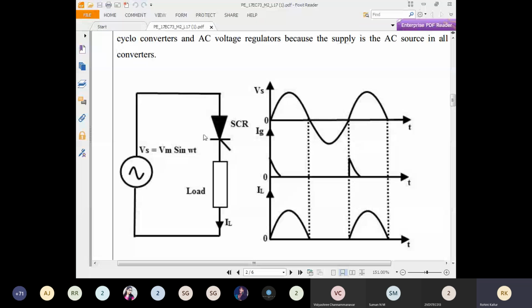As soon as it gets a gate pulse, it is already in the forward blocking state, so the SCR will conduct and allow the current to flow from anode to cathode. So whatever is my input signal, I will get at the output side. Is it okay?